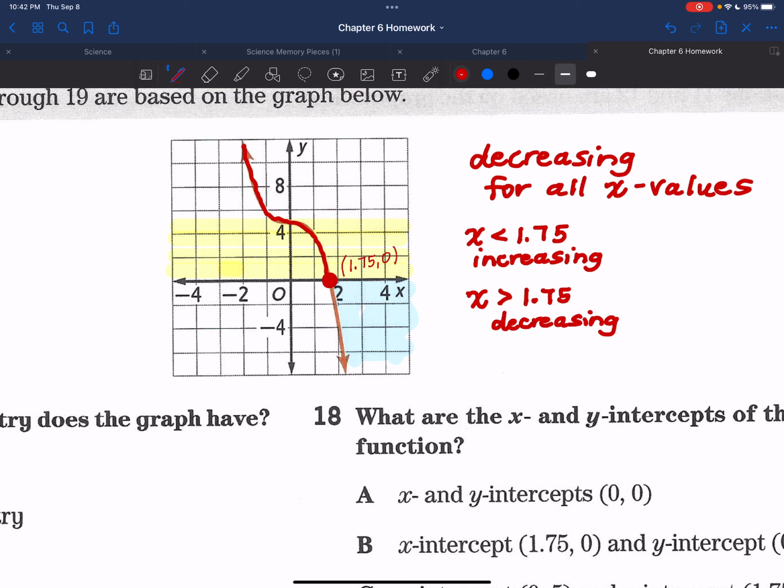And if I really wanted to be precise, I should erase this yellow, because that is only true for the x's down here. The function is up here when the x's are below that intercept. And then once you cross the intercept, you switch to the blue zone.